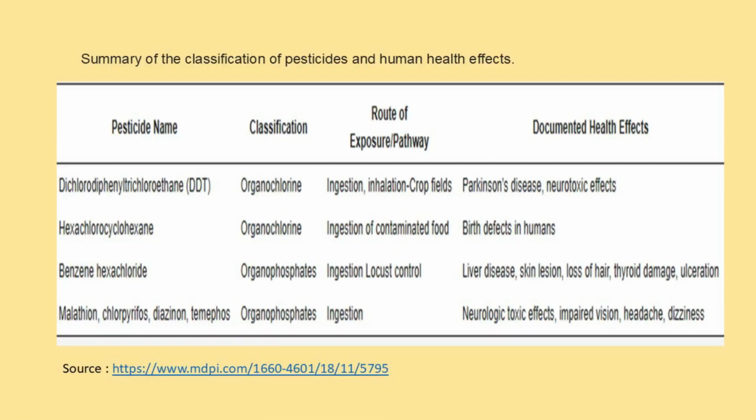Okay, so what is the summary of the classification of pesticides and human health effects? The first one, DDT, that is an organochlorine. The route usually comes from ingestion or inhalation. It may cause Parkinson's disease and also neurotoxic effects.